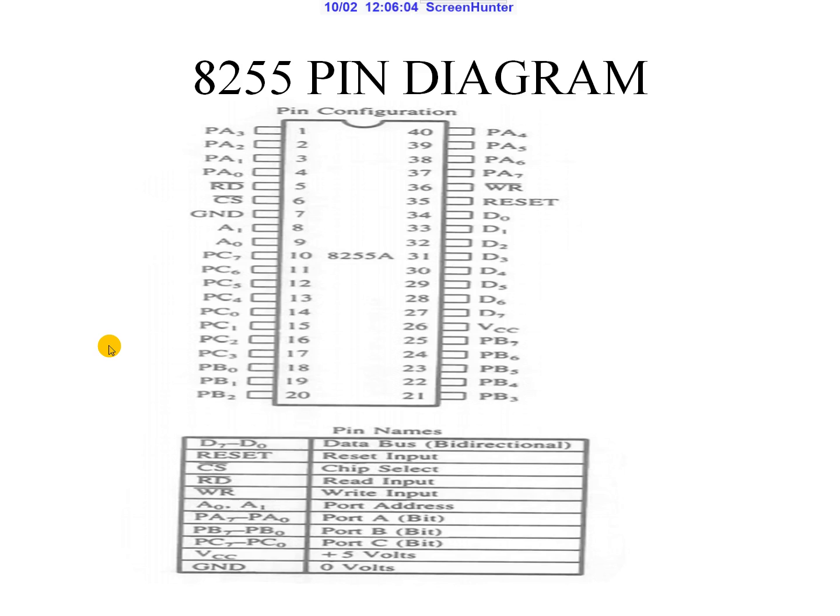By that way, these 3 ports can be grouped into 2 groups: group A and group B. Group A has port A and the upper quarter of port C, that is PC4 to PC7, and group B has port B and PC0 to PC3.